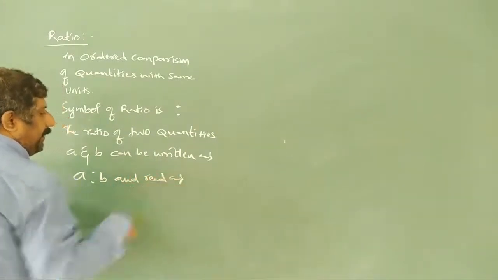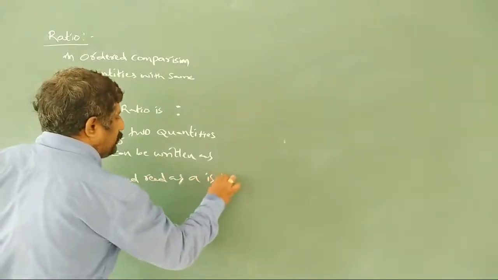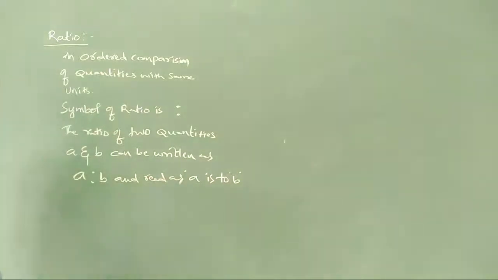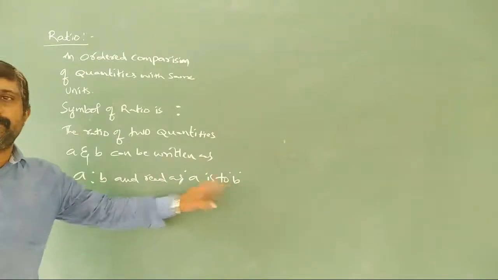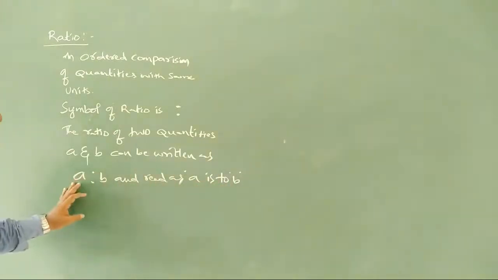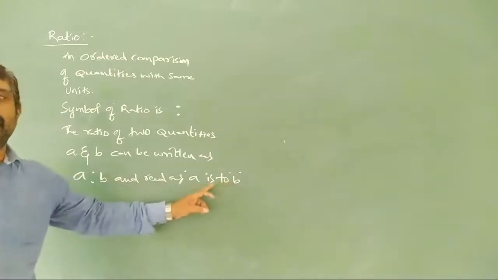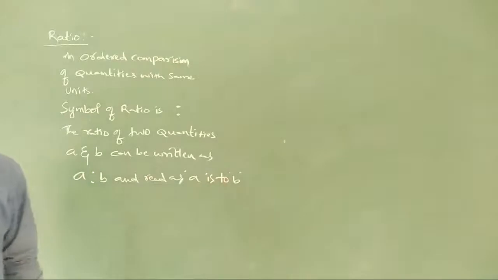It is A is to B, meaning A is compared to B actually. So we can say here, A is to B.